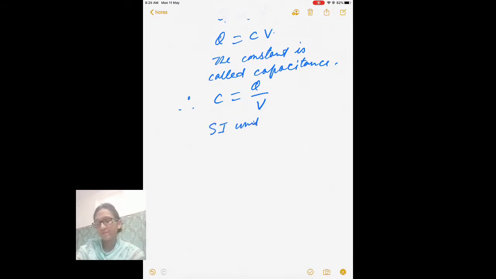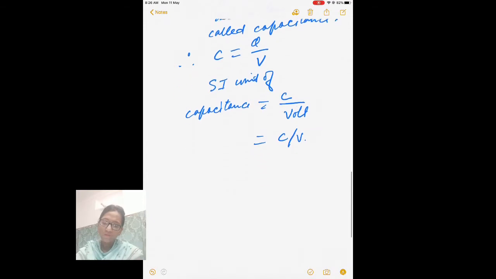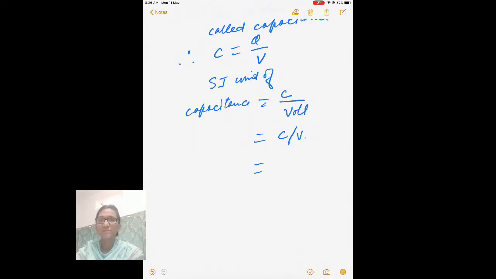SI unit of capacitance: you can find that in numerator you have charge Q, so unit will be coulomb, upon in denominator you have potential, so you will be having volt. So its SI unit is coulomb per volt, and the same is also written as farad. Farad is a very large unit. I will be discussing later.